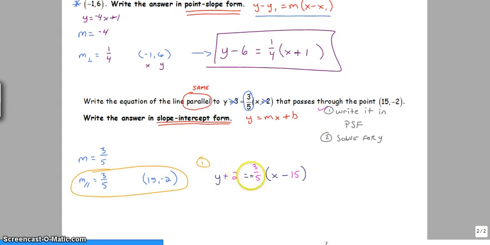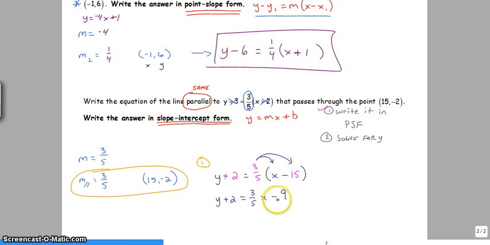Solving this for y, remember, simplify both sides first. This side is simplified. Y plus 2 equals, this side I have to distribute. So I have 3/5 times x, 3/5 times -15. When I multiply that, I get a -9.